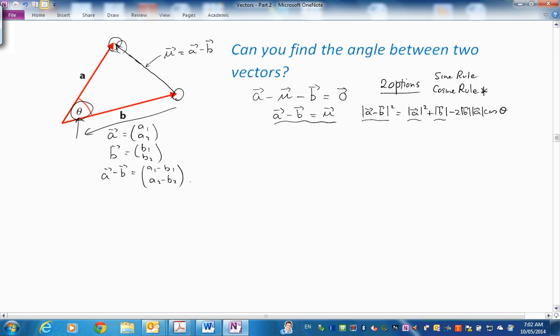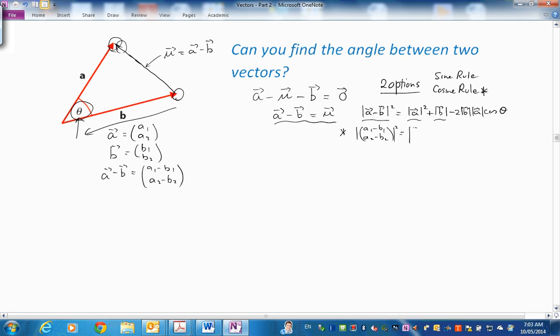Let's now go back over here and write down the length of a take b, all squared. So what will that be? Well, we'll write this in first. This will be the length of (a1 take b1, a2 take b2), length squared.